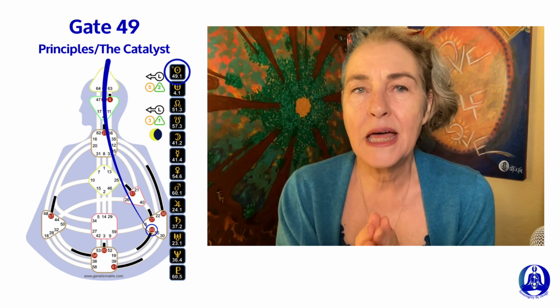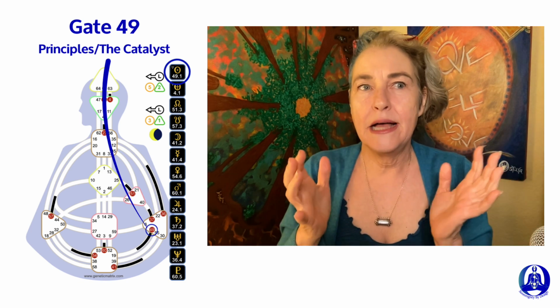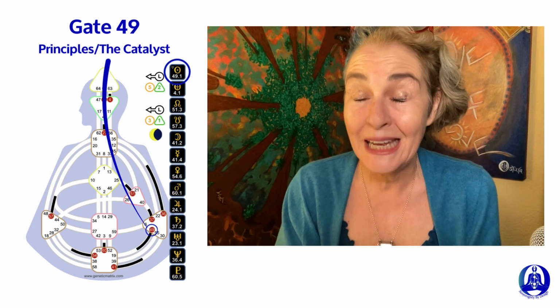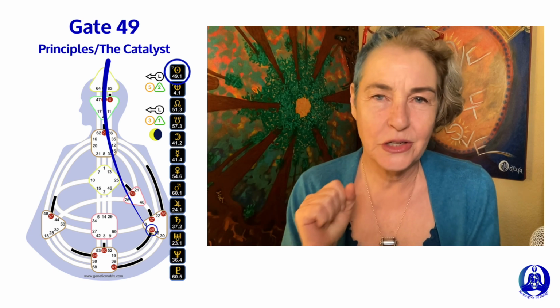So this energy is kind of known as having very high principles and can be a little rigid behind those principles regarding relationships. So this is kind of known as either, somebody does something that you perceive as violating something that's important to you in your relationship, violating your principles. Okay. You can just walk away from a relationship because of that.